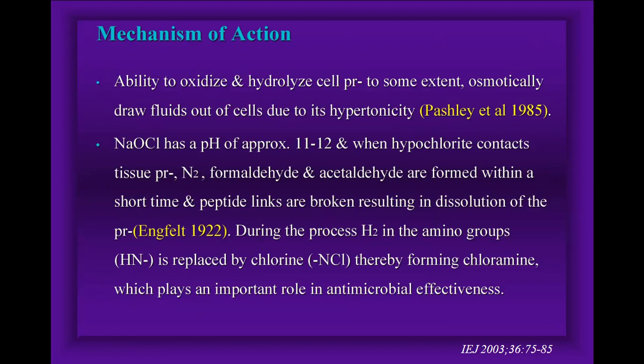Sodium hypochlorite has a pH of approximately 11 to 12, and when hypochlorite contacts tissue, formaldehyde and acetaldehyde are formed within a short time and peptide links are broken, resulting in dissolution of the tissue. During the process, hydrogen in the amino groups is replaced by chlorine, thereby forming chloramine, which plays an important role in antimicrobial effectiveness.